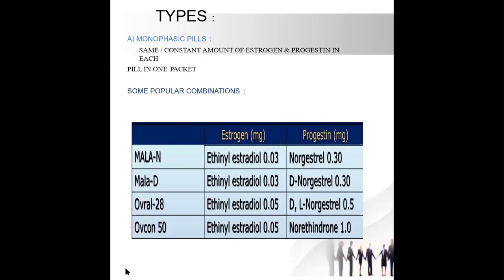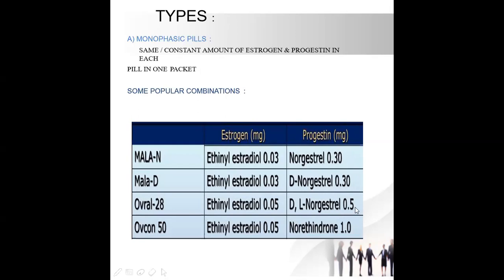When you talk about Mala N, ethinyl estradiol is 0.03 milligrams, norgestrel is 0.3 milligrams. Mala D, it is 0.03, and again D-norgestrel, it is 0.3 milligrams. Ovral 28, ethinyl estradiol 0.05 milligrams, and DL norgestrel, it is 0.5 milligrams.